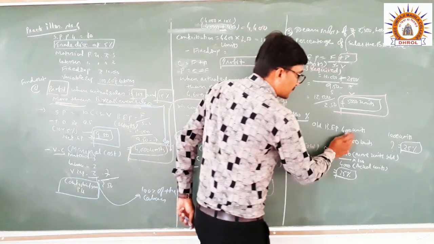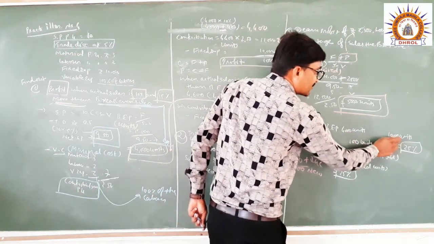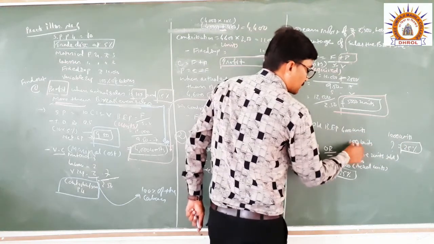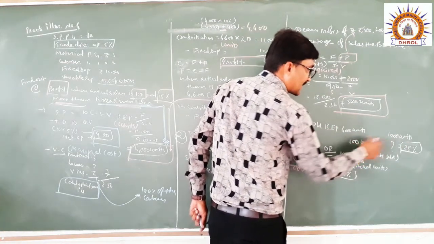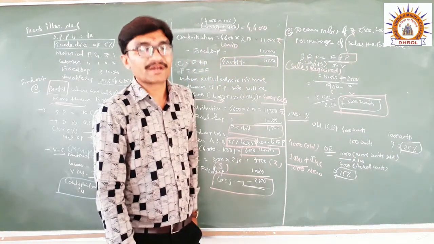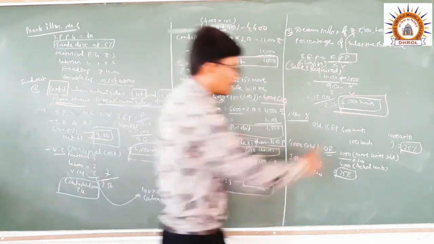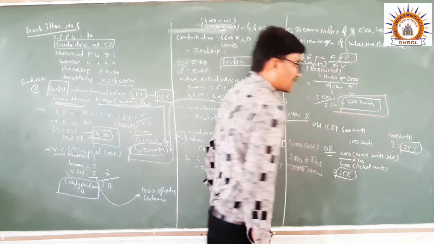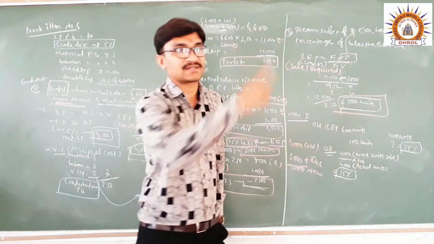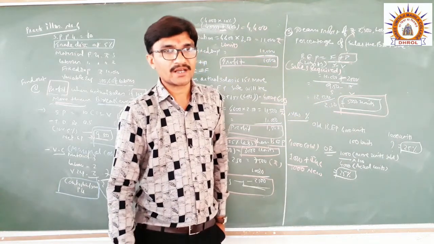So here the 4,000 units, then 1,000 units is increased, and suppose 100 units is there, then how many percentage increase do you get, right? So 4,000, then 1,000 unit, then if 100 units is there, then 25% is increase.